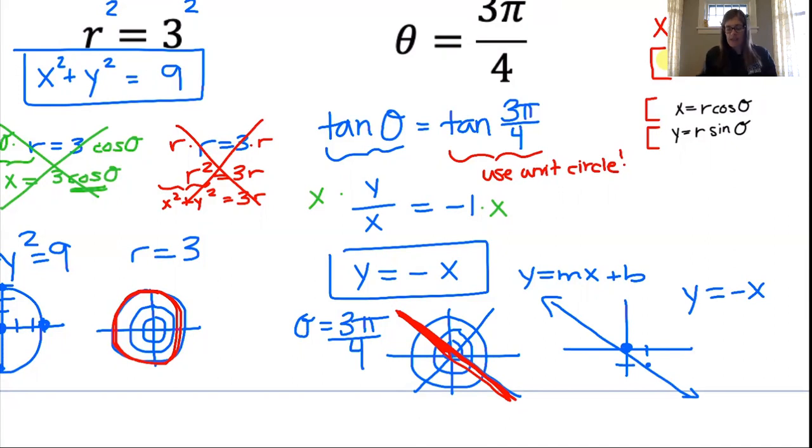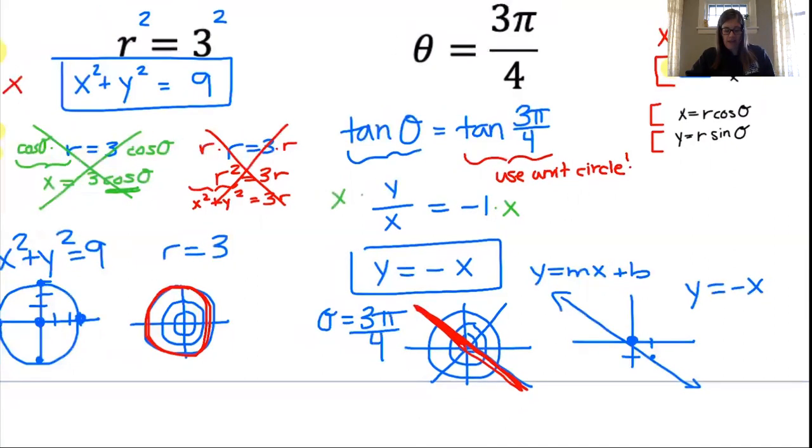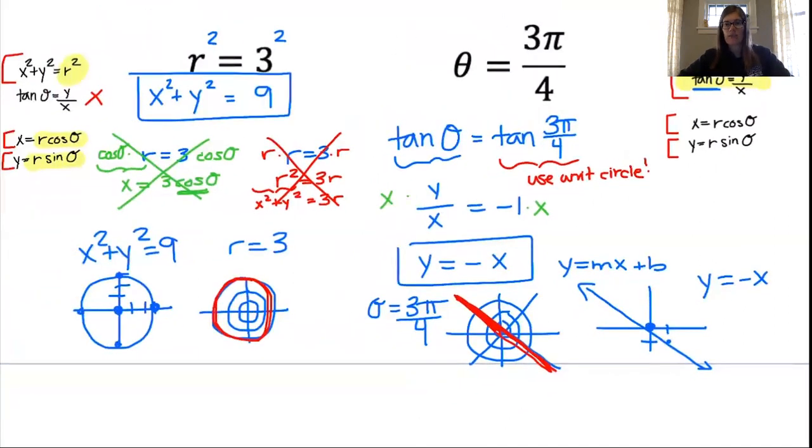Now these two are nice. If you recognize that r equals 3 is one of the rings, then you know your equation in rectangular form should look like a circle, x squared plus y squared equals r squared. If you recognize that you have theta equals an angle, that's going to be the equation of a line in rectangular form, y equals mx plus b.